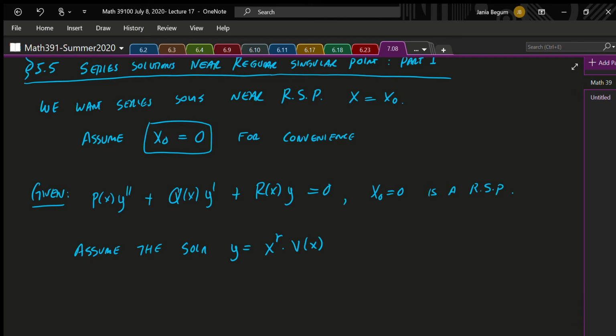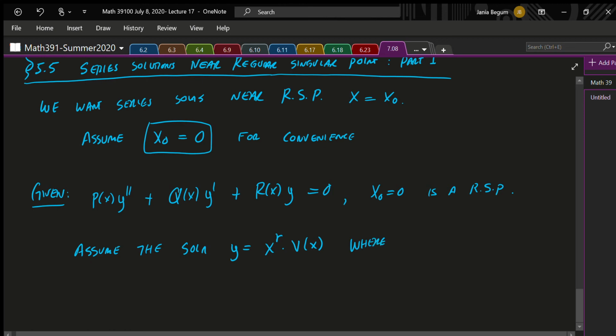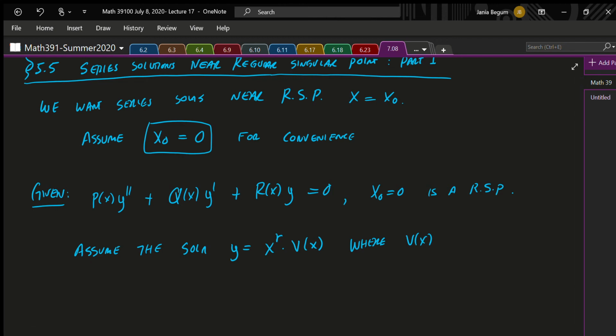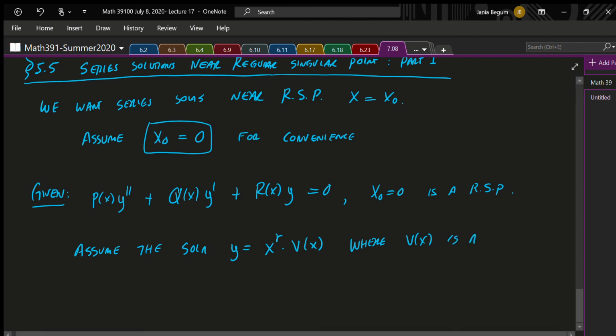We're assuming this, where v of x is a very nice function, meaning it's a power series, it's analytic, and you can differentiate this as many times as you want. So v of x is an analytic function.